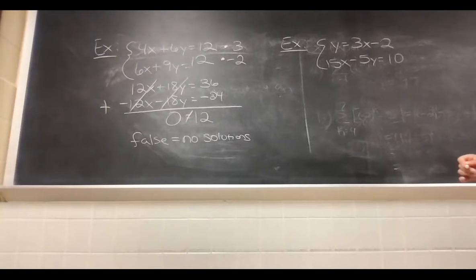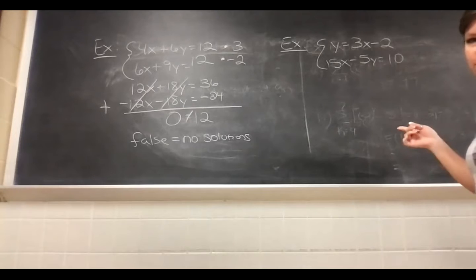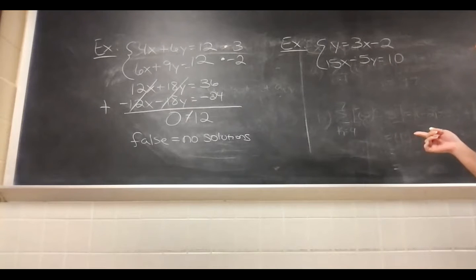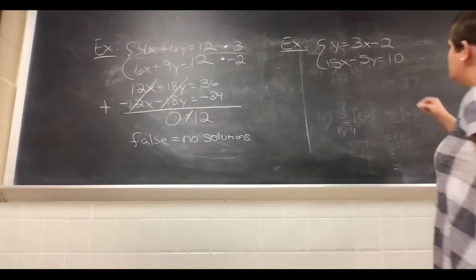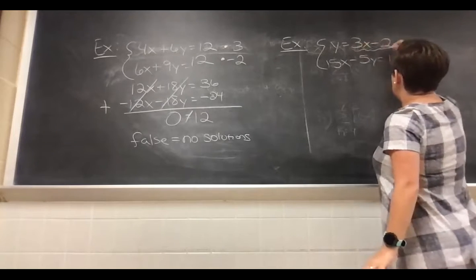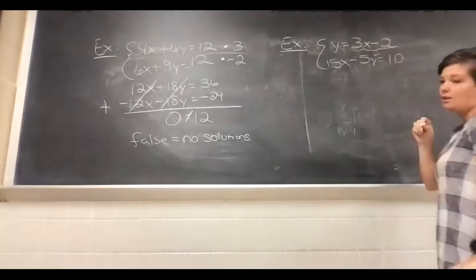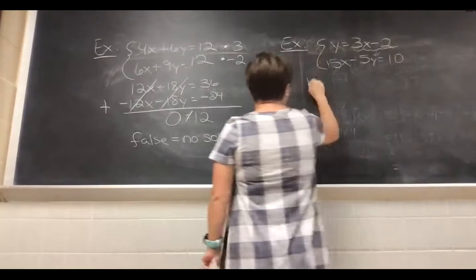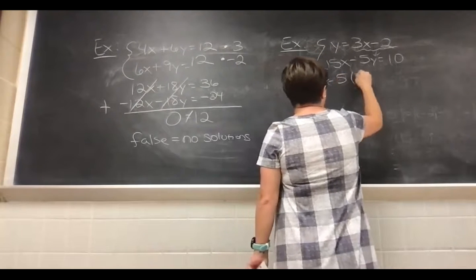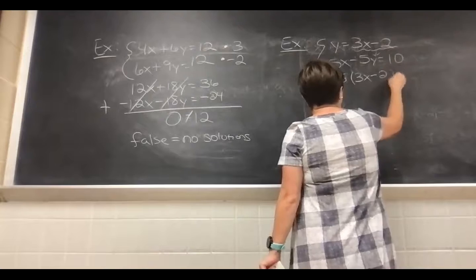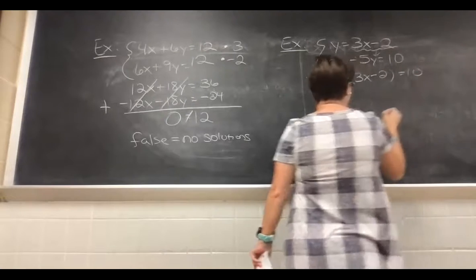For our second example, we have y equals 3x minus 2, and we have 15x minus 5y equals 10. Since the first equation is already a y equals equation, I'm going to use the substitution method. So I'm going to take all of this and plug it in for my y in my second equation. So I have 15x minus 5 times 3x minus 2 equals 10.